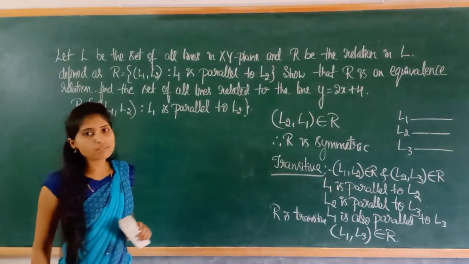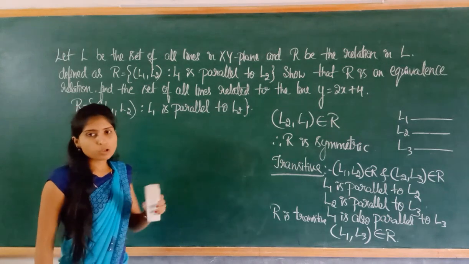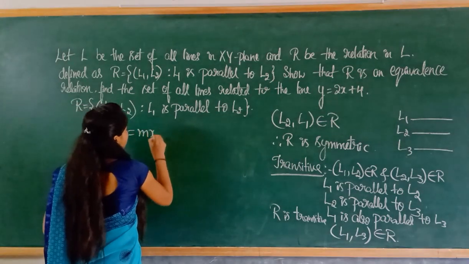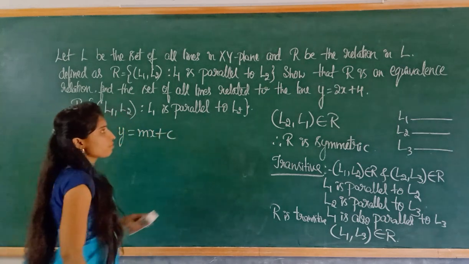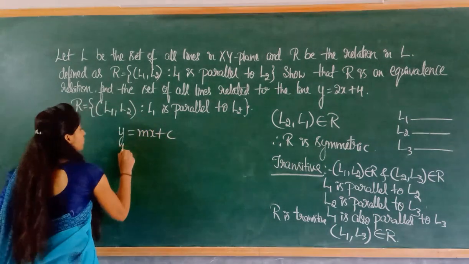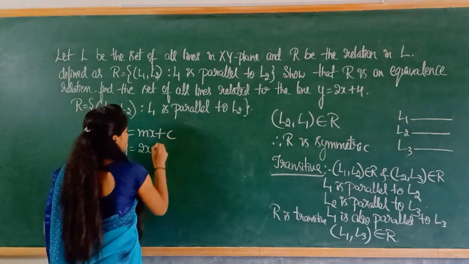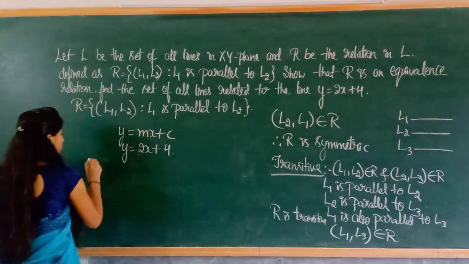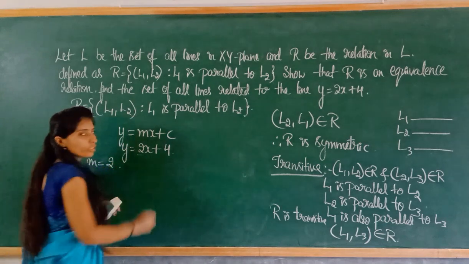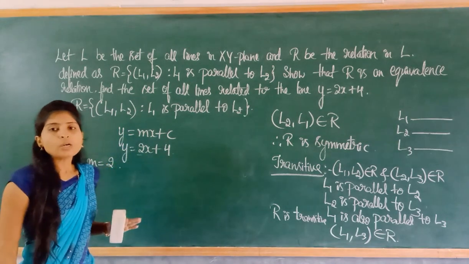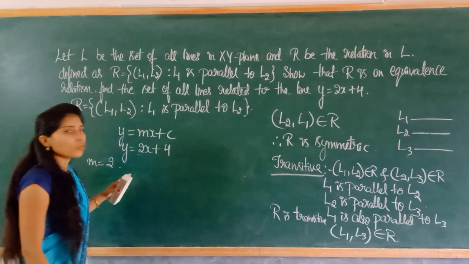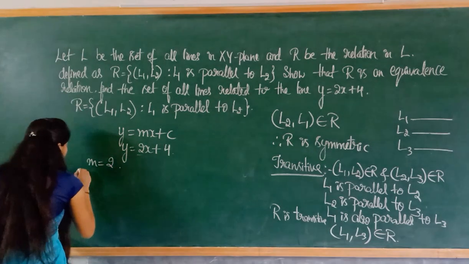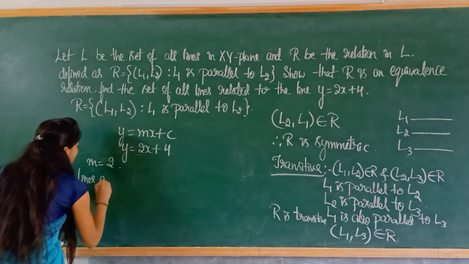Here you have studied in straight line, right? Slope intercept form. That is y is equal to mx plus c. Here the set of all lines related to the line what? y is equal to 2x plus 4. Here the slope is m is equal to 2. Therefore the lines are parallel which the slopes are equal.